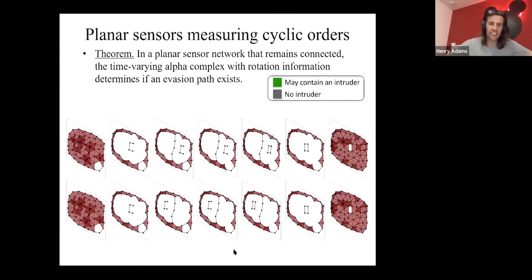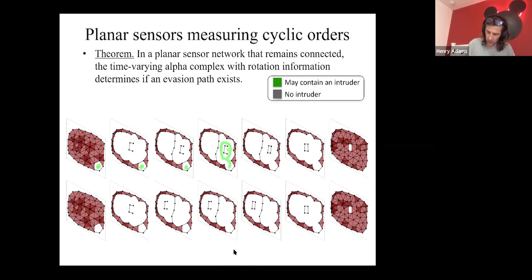The connectivity assumption is crucial. Here's a picture where the sensor network becomes disconnected. And even this alpha complex and rotation information is not enough because the intruder's here, and then the intruder gets released.